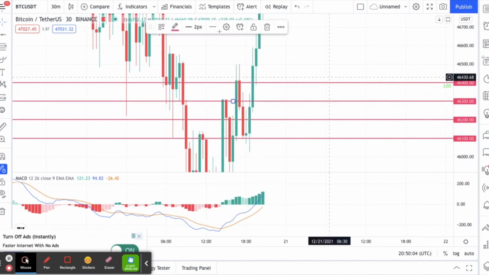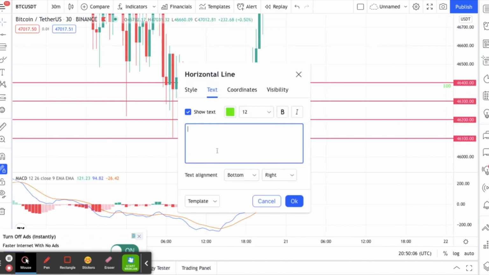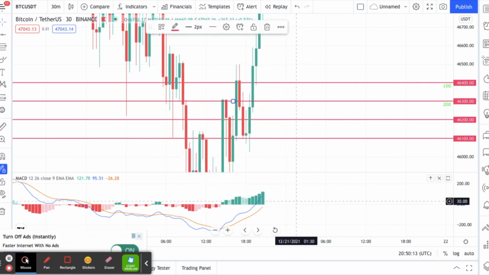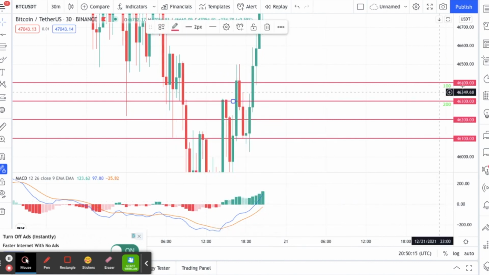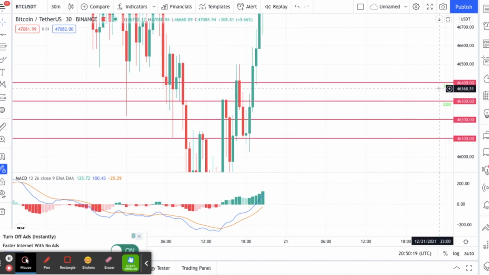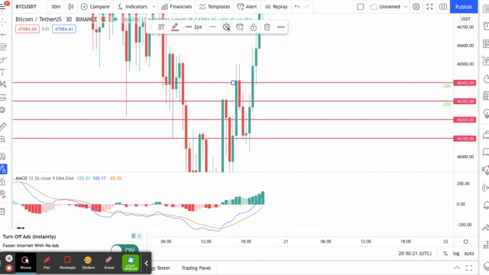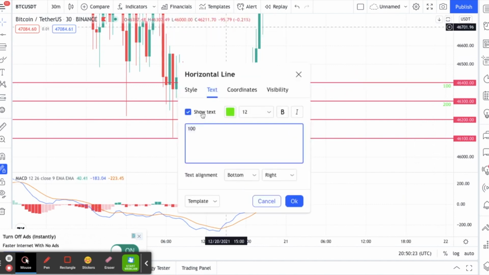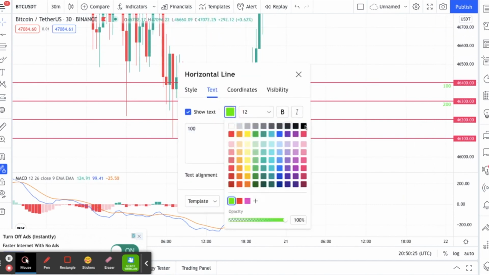On the next line, you would put a buy-in for double your first buy, so 200. So you now have a buy at 46.4 for 100.